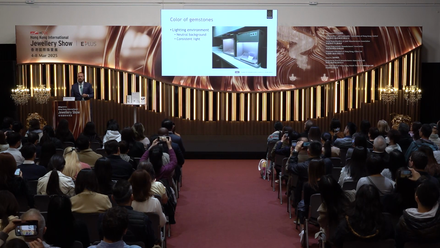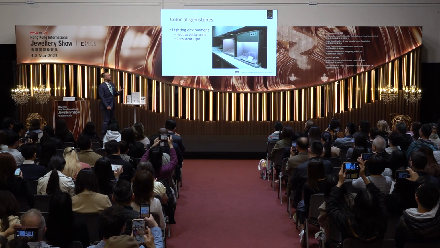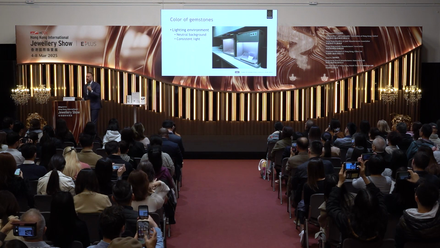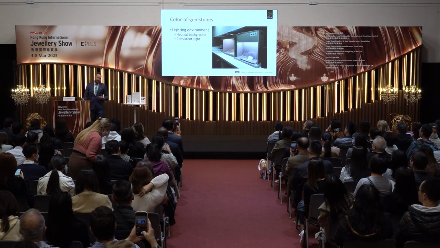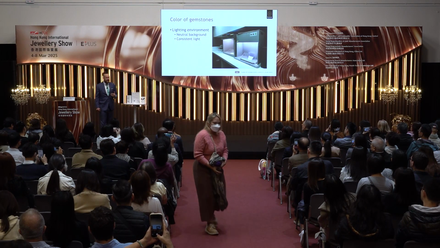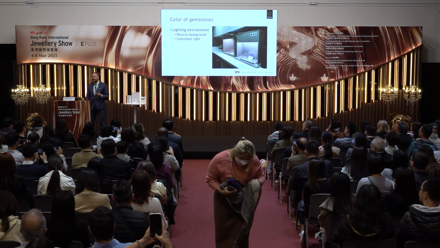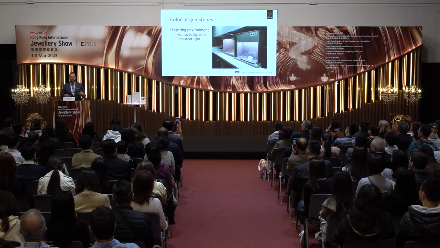So the first thing I want to discuss is when we look at the color of gemstones, it is important to do that in a neutral lighting environment. I am wearing the worst suit ever to grade blue sapphires because everything right now is going to look 10% better. If you wear a red jacket while you're grading rubies, your grading is going to be useless because they're all going to look better.